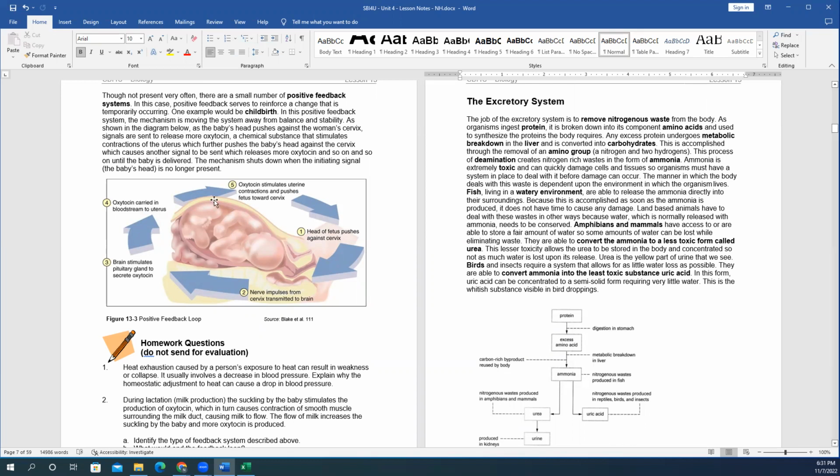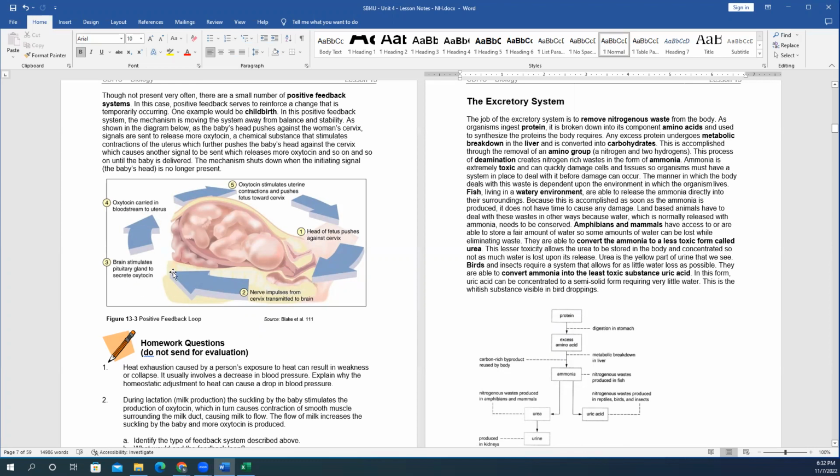And so this is in the diagram that we've shown here. What initiates it is the head of the baby. When the baby has grown big enough and it's time for childbirth, the pressure placed by the head of the baby, the pushing of the baby's head against the cervix, starts nerve signals and impulses that are sent from the cervix to the brain.